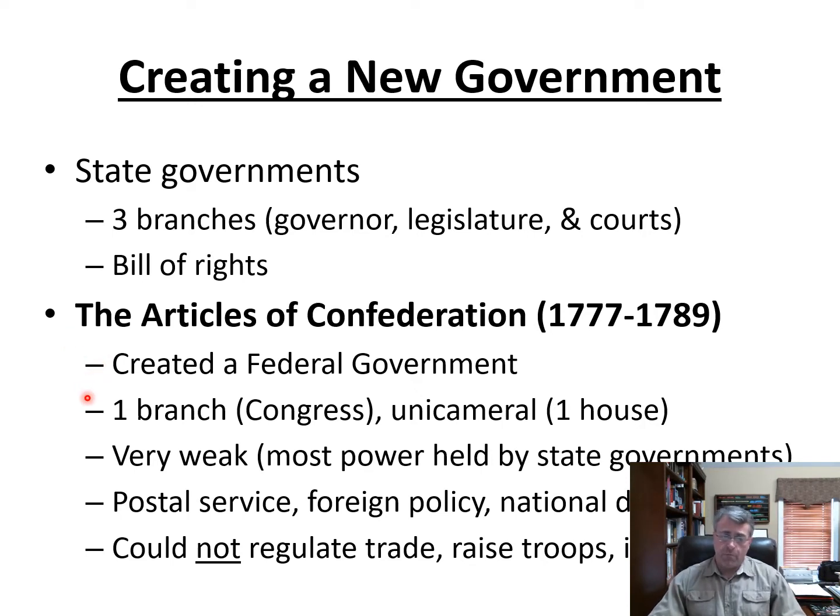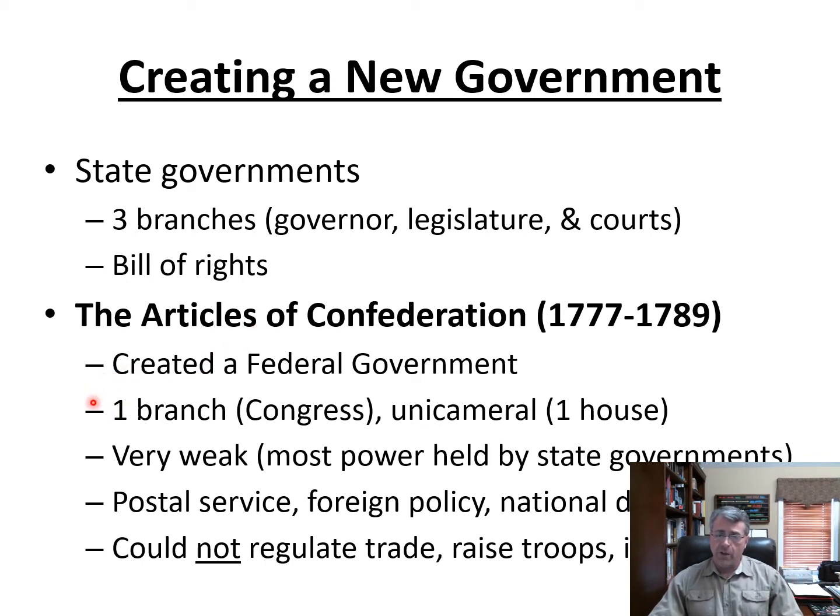Essentially what the Articles do, they created a federal government. It only has one branch of government, and that's Congress. Basically, our Continental Congress becomes the federal government with the adoption of this document. Unlike our federal government today, there's only one branch of government. Today, of course, we have an executive branch, a legislative branch, and a judicial branch.